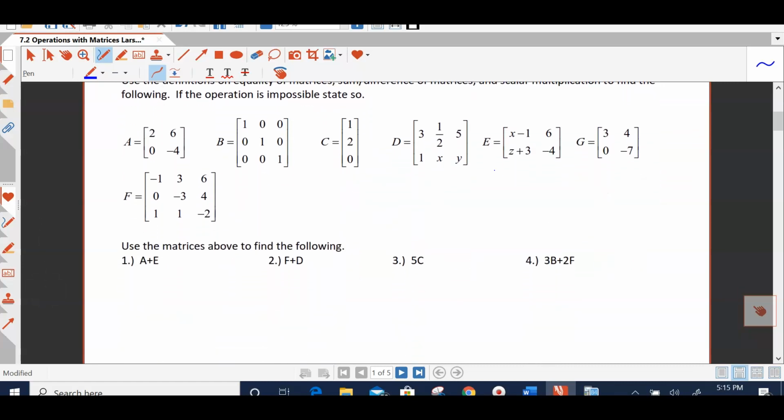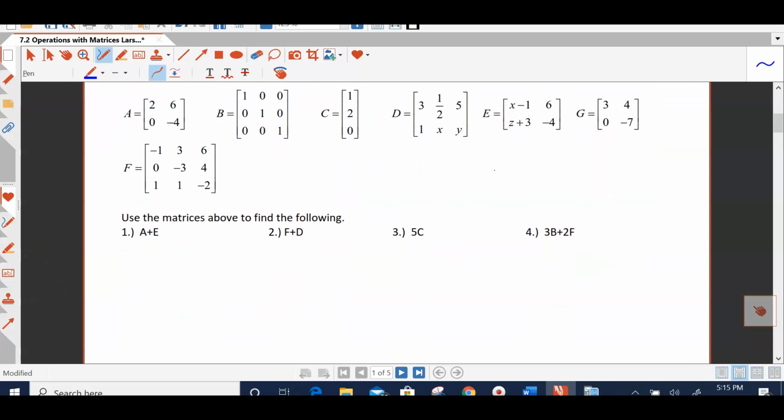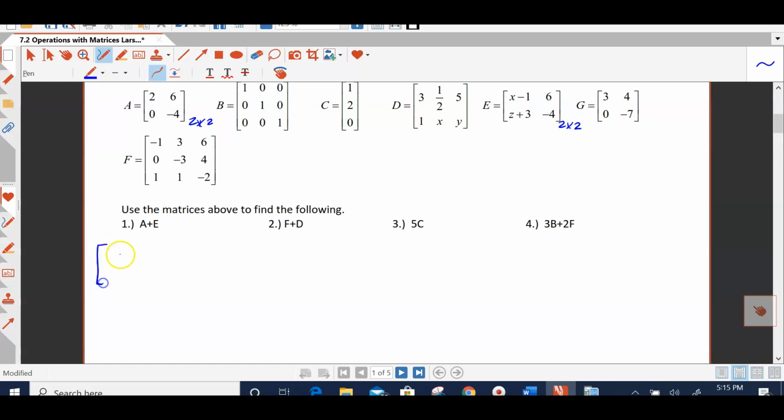All right, so I've got a list of matrices here, and we want to find the first thing, which is A plus E. So notice matrix A is a 2 by 2 matrix, and matrix E is a 2 by 2 matrix. Okay, they're the same size. So that's a good thing because I can only add or subtract matrices that are the same size. So now I'm going to set it up. 2, 6, 0, negative 4. There's my first matrix.